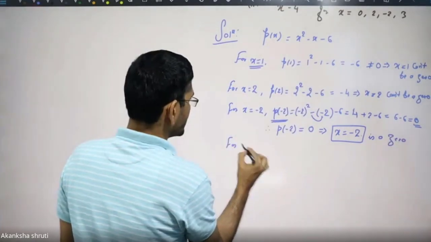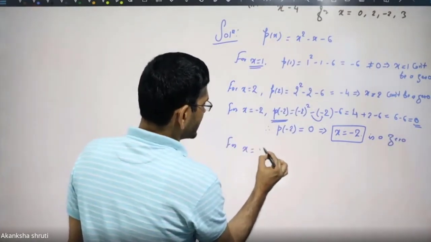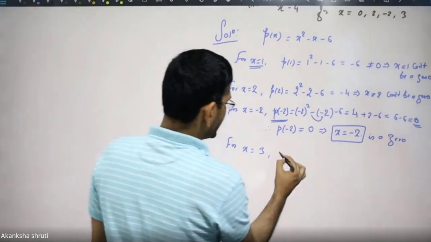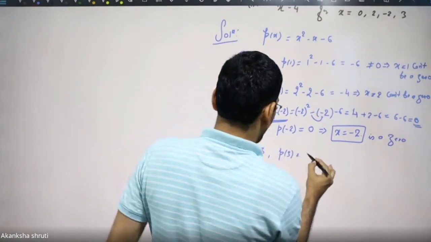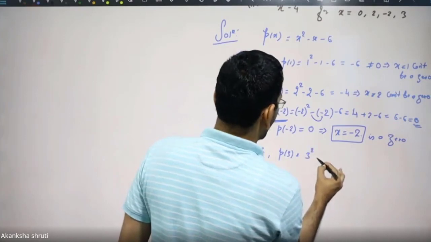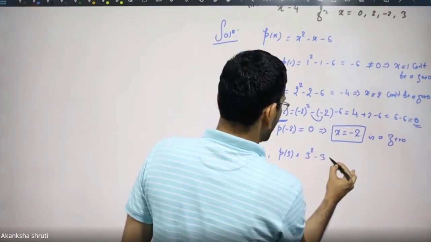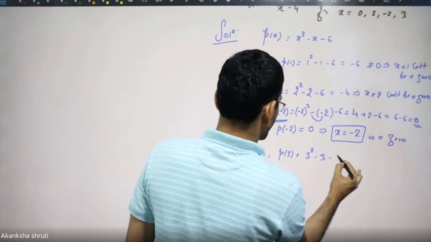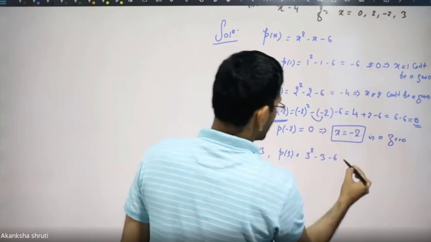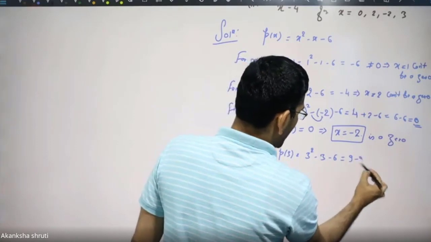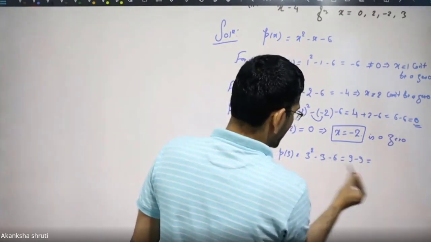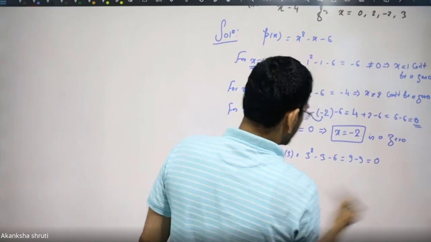For x equals 3, let us check it. P(3) is going to give us 3 squared minus 3 minus 6. Substituted here, it becomes 9 minus 3 minus 6, which is 9 minus 9, that is 0.